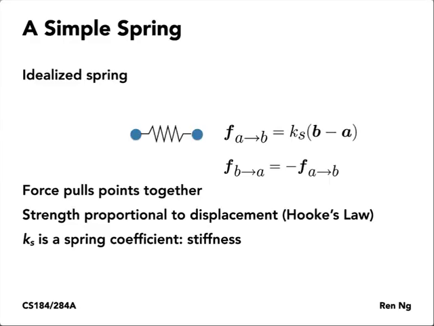Okay. So let's get into some of the details of this. So a simple spring model is shown here. Really, it all comes from Hooke's law, which you may recall from a physics class.